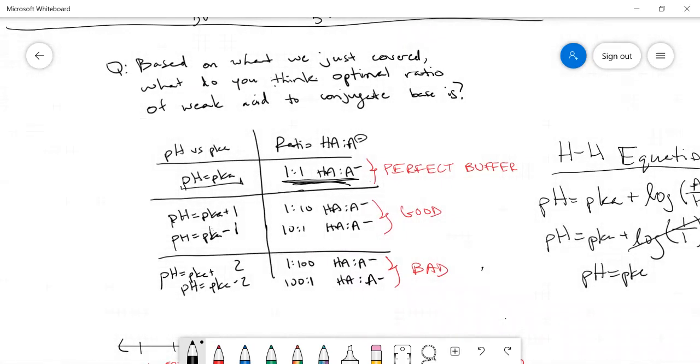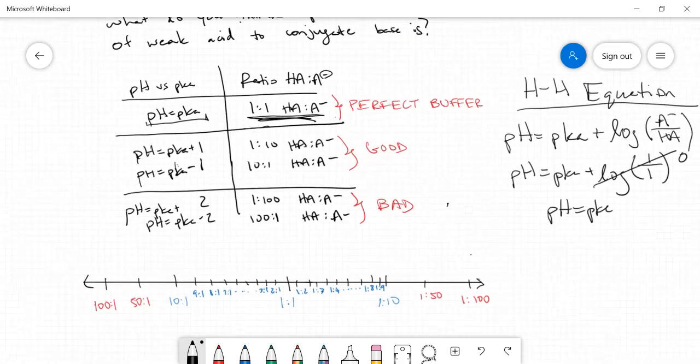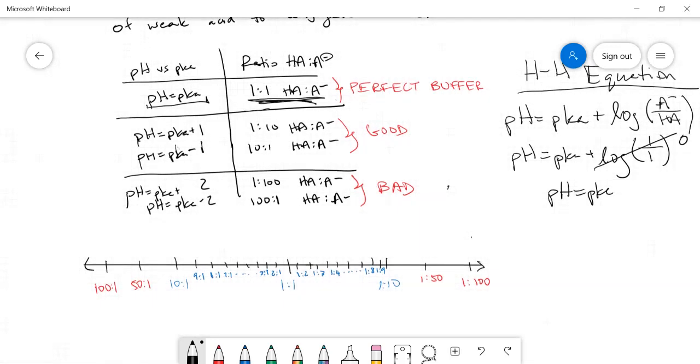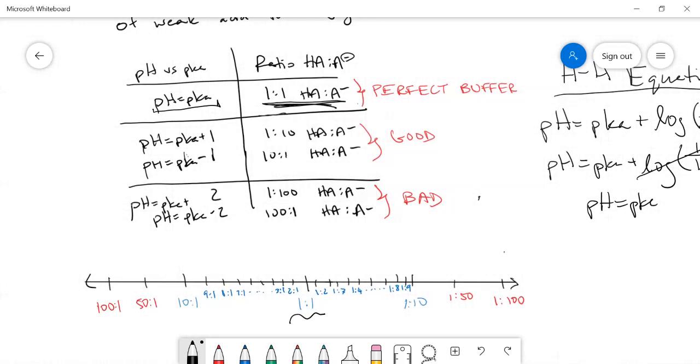Now, we don't live in a perfect world. We're not going to always get a 1-to-1 ratio. So you can have a 1-to-10 or a 10-to-1 ratio of weak acid to conjugate base. Because it's kind of hard to see on this table, I drew out a number line for you guys. The idea here is that we just said the 1-to-1 ratio is the perfect buffer, and that's where the pH equals the pKa.